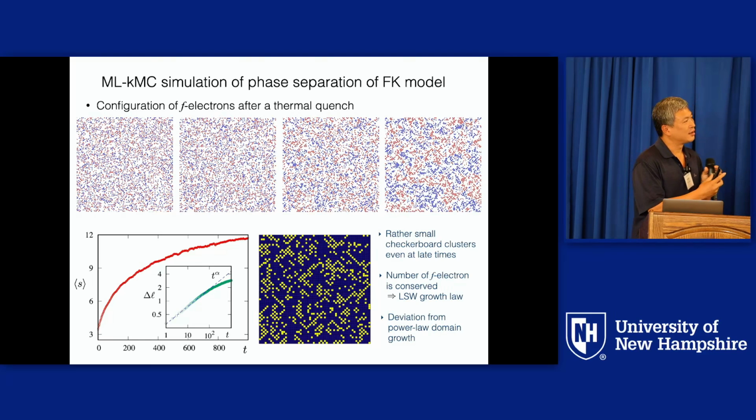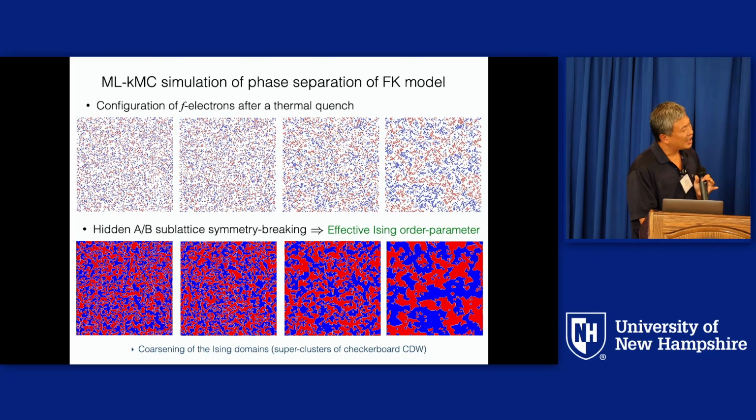So even though the checkerboard clusters remain very small, they sort of try to stick with each other and form what we call superclusters. And if you introduce some parameter to characterize this supercluster, there's some sort of hidden coarsening going on in this system. And again, this is only possible if you do machine learning and then do large-scale simulations.